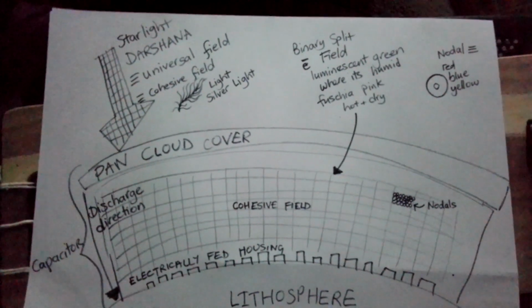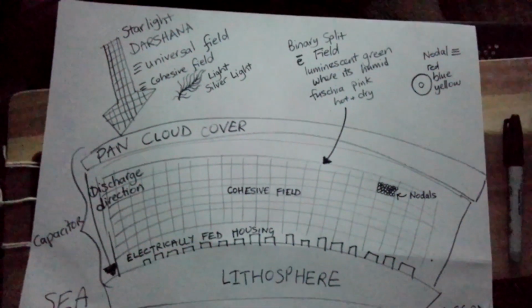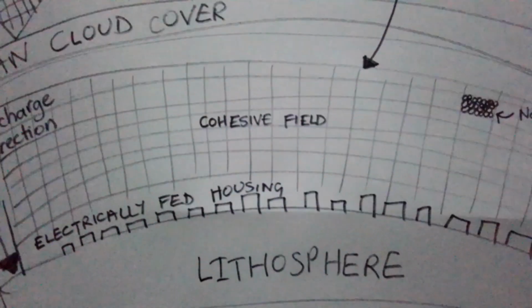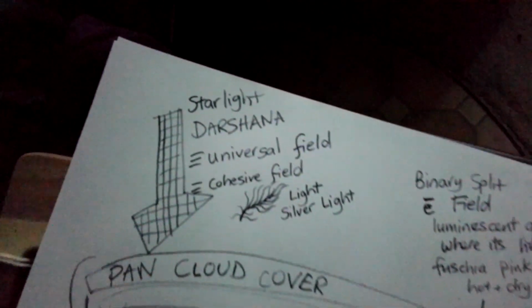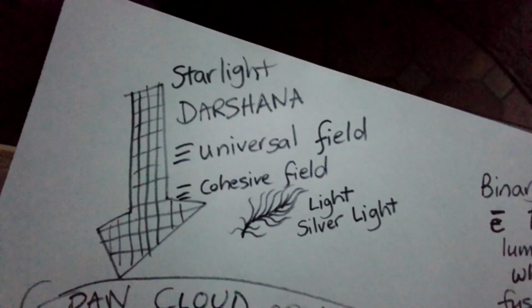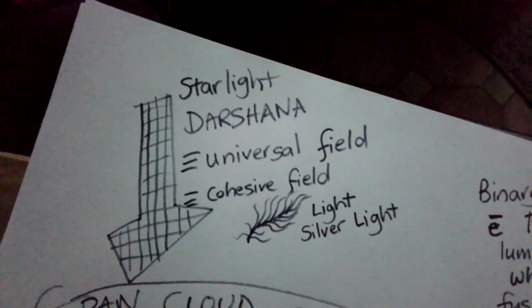Okay, let's look at the way that an electronic field might be impacted by the universal field at sea level during an earthquake. We have the sea in Japan, and then we have an ocean.